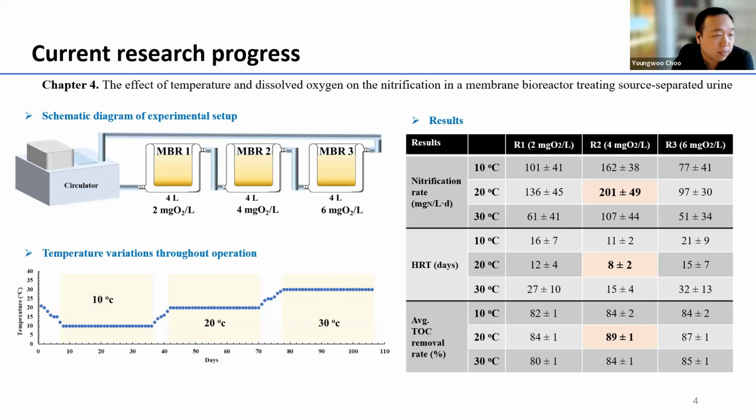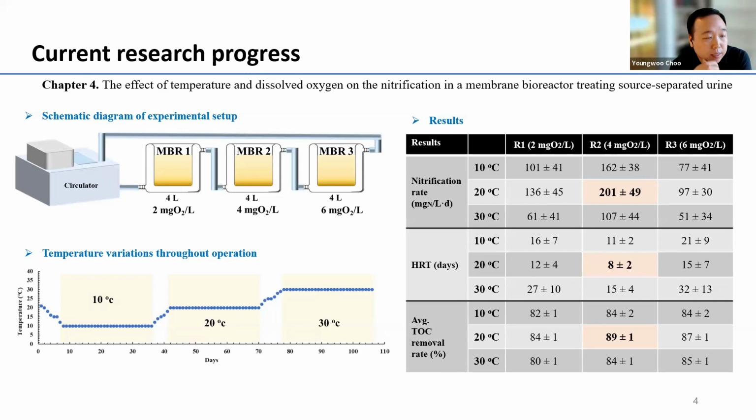And as I see your temperature versus days data, it seems like you sampled the 10 degrees C sample in the earlier days, the 20 degrees C samples in the middle days, and the 30 degrees C sample in the later days.